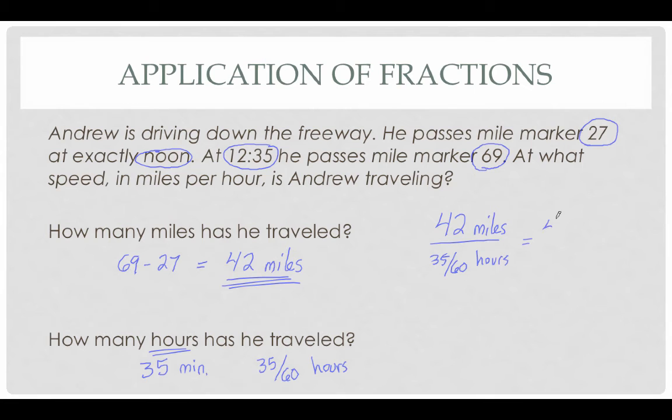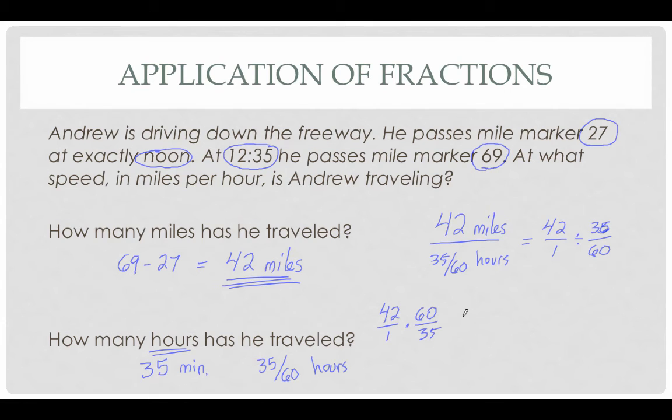We can write it as 42 over 1 divided by 35 over 60. And then change it into a multiplication problem, that turns into 42 over 1 times 60 over 35. So there we go.